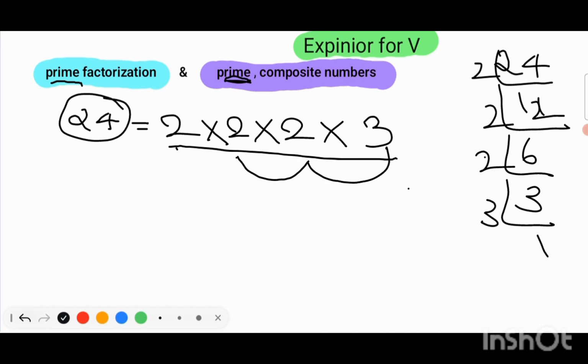That means a number is expressed as a product of prime numbers. If you find here, all the numbers are prime numbers. 2 is a prime number, 3 is a prime number.